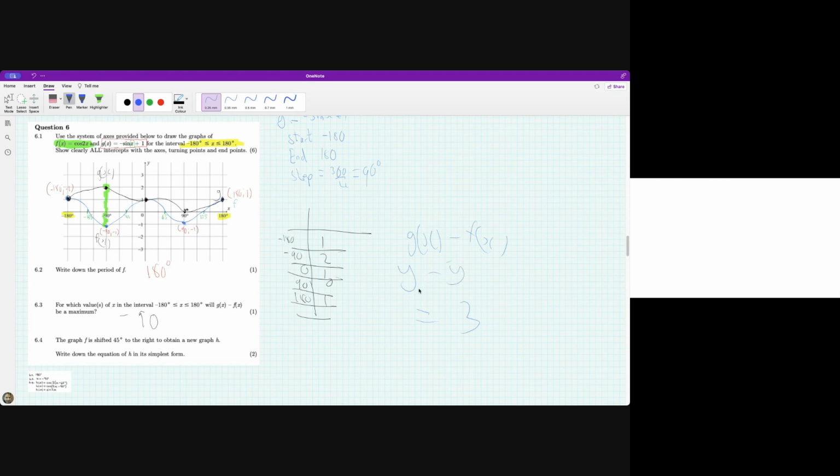And in this case, at minus 90, the g is at 2, and the f is at 1, so you get 3.